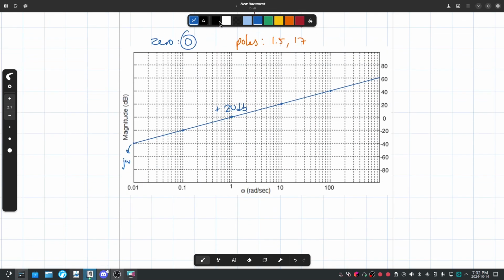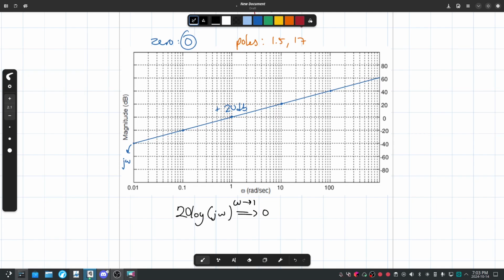Because you remember, we had 20 log of jw. At omega is equal to 1, it's going to be just 0. However, the slope is going to be 20 per decade. So that is our zero here. It pulls us up by 20.